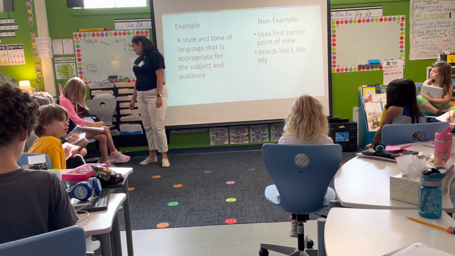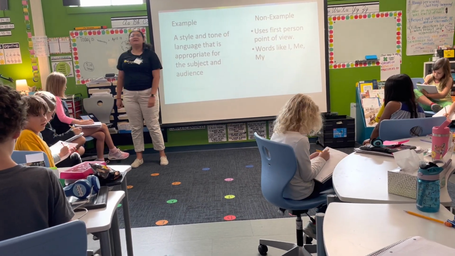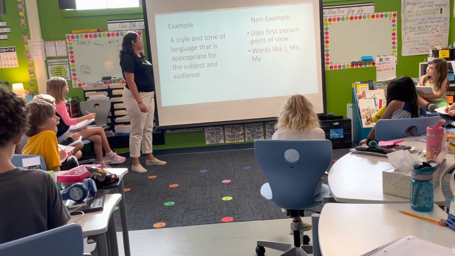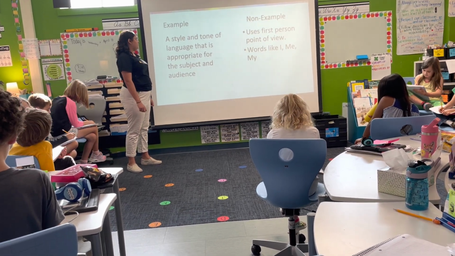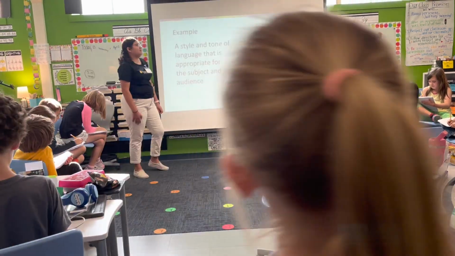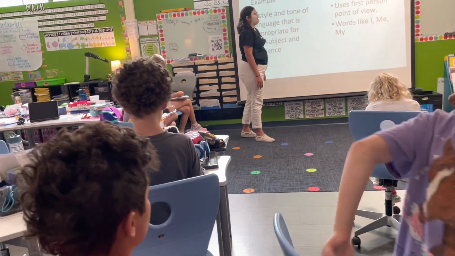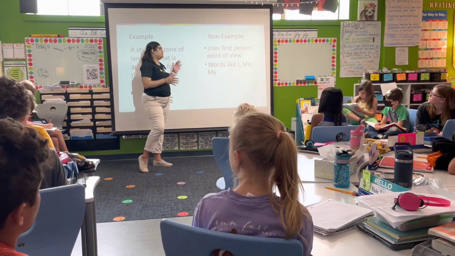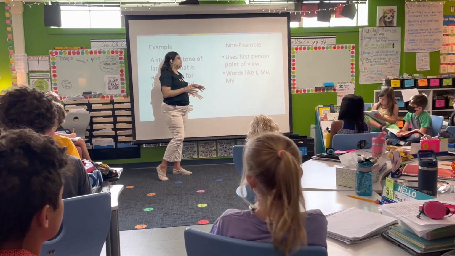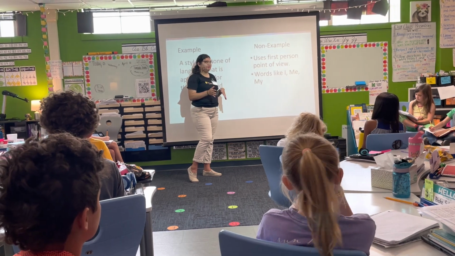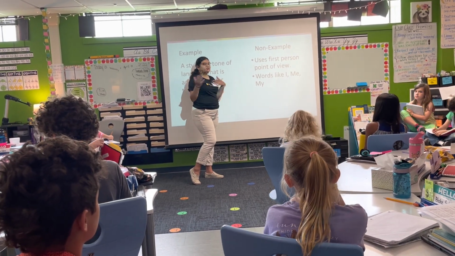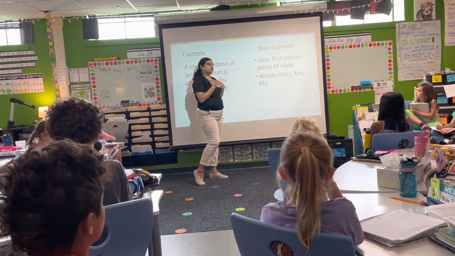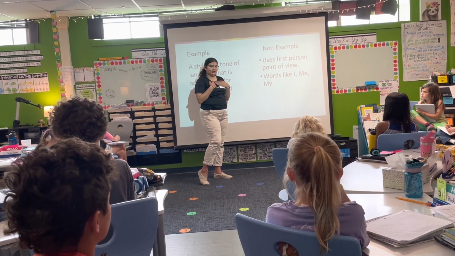All right. So the example is a style and a tone of language that is appropriate for the subject and audience. And the non-example is that usually in this type of concept, they do not use first person point of view. There's sometimes that they might, but usually not. So for example, I think that strawberry ice cream is the best or chocolate ice cream.